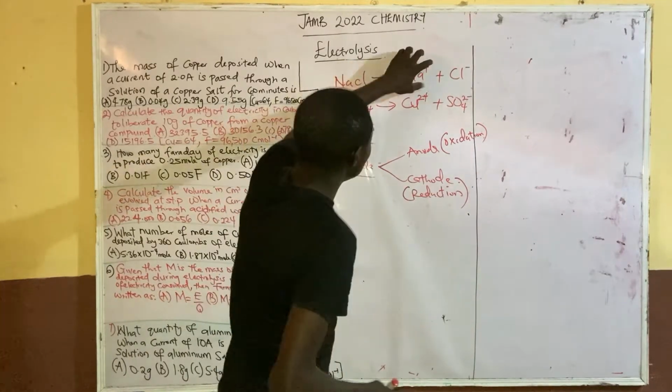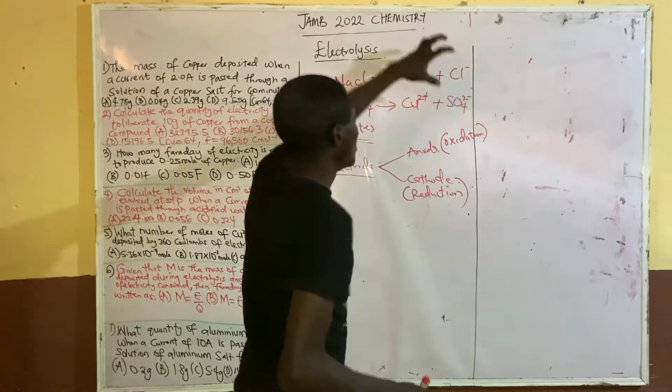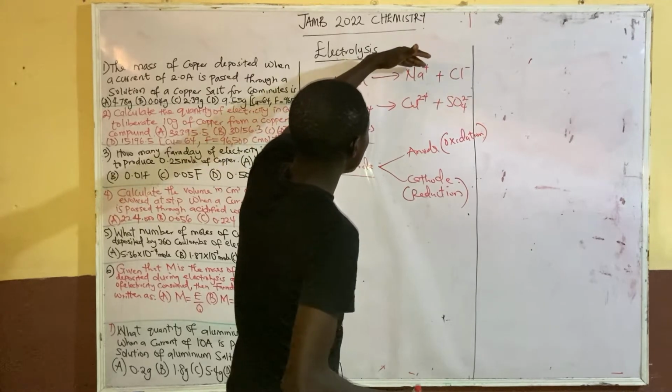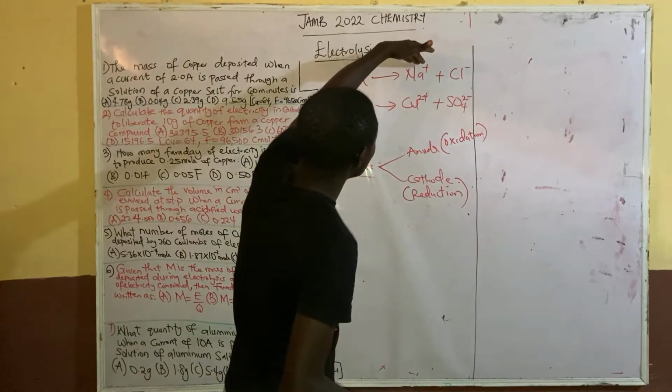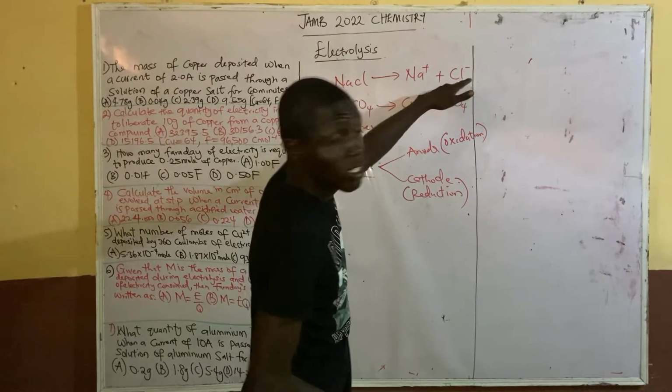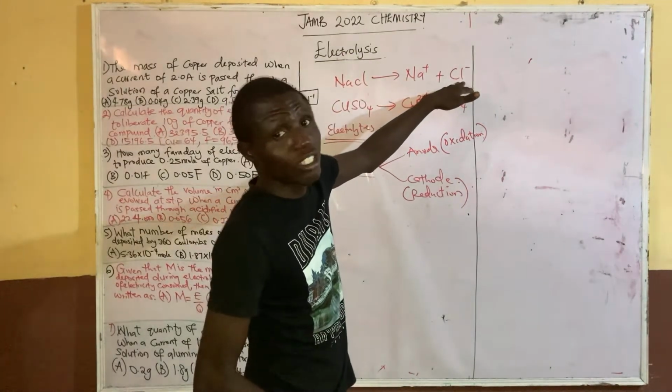Meaning, which of these species undergo reduction, and which of these species undergo oxidation during electrolysis of brine.